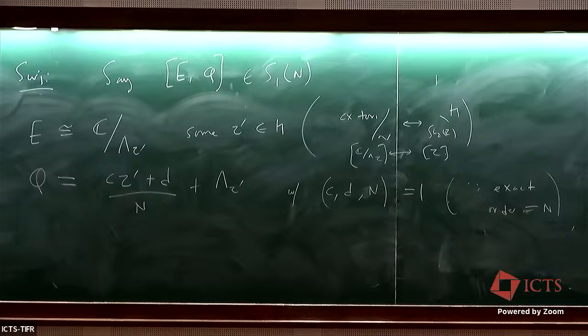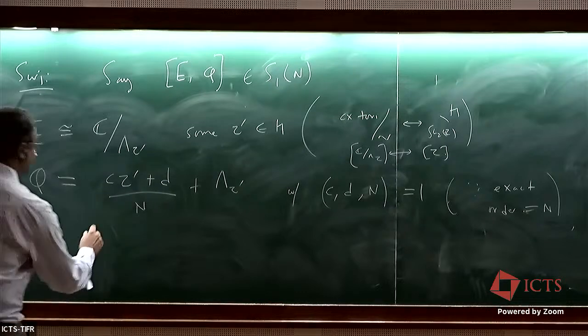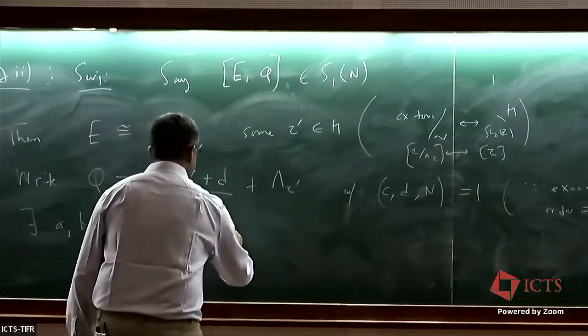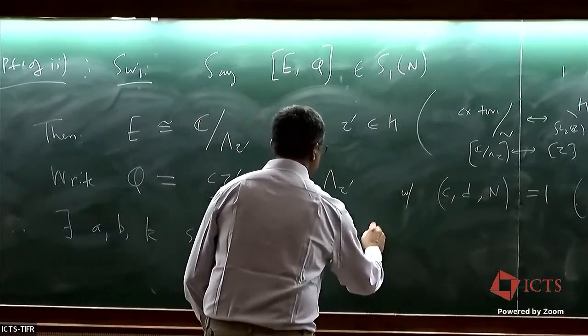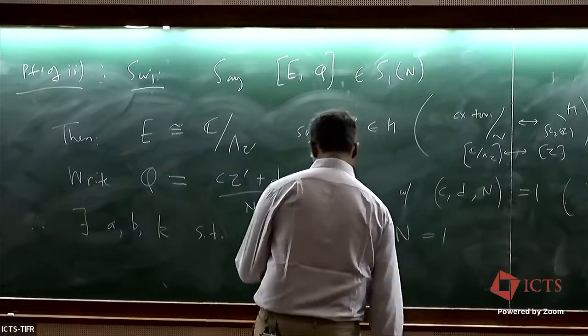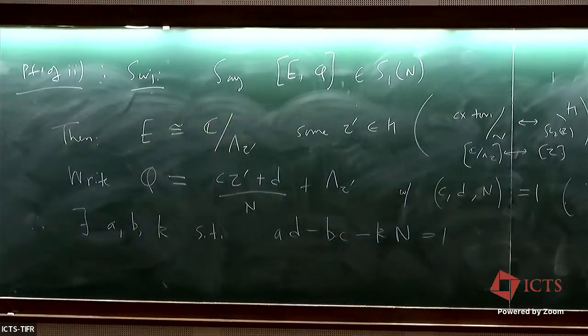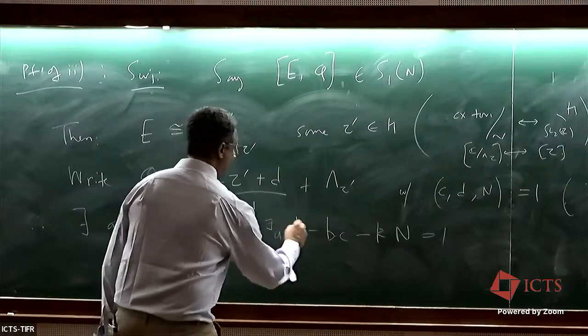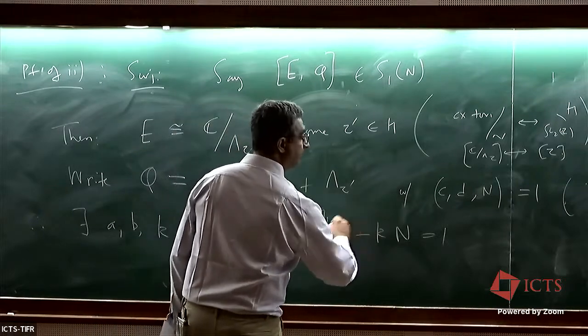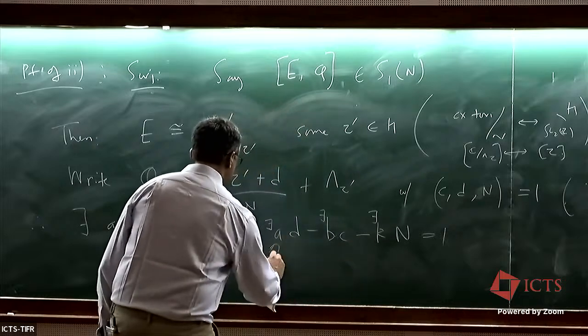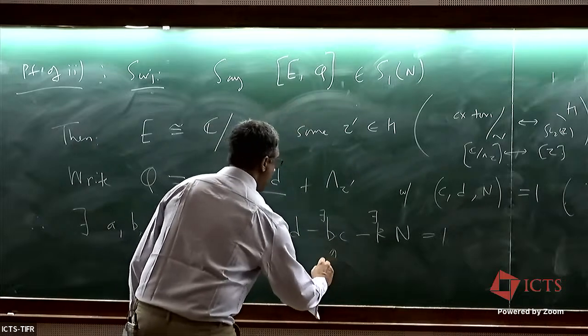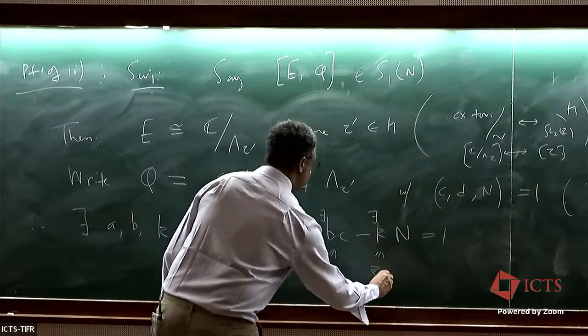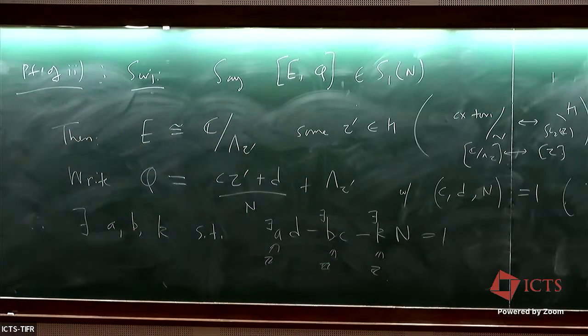So because these are co-prime, therefore there exist A, B, K, suggestively as AD minus BC plus KN is equal to 1, some integers A, B, and K in Z. Right, so this exact order n condition is really important.